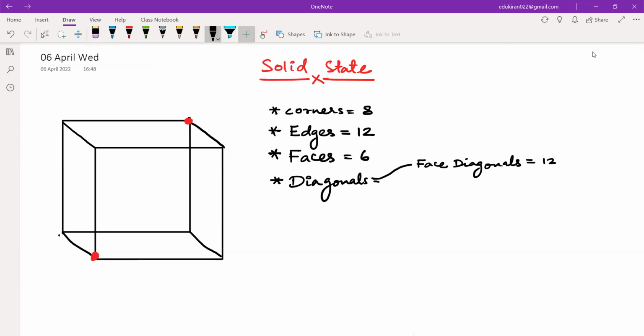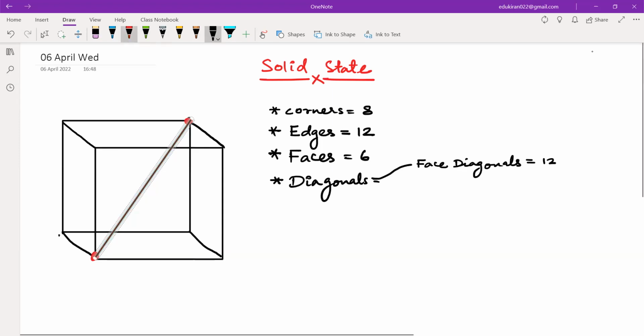So let me join these 2 corners. What I am going to get is a body diagonal.